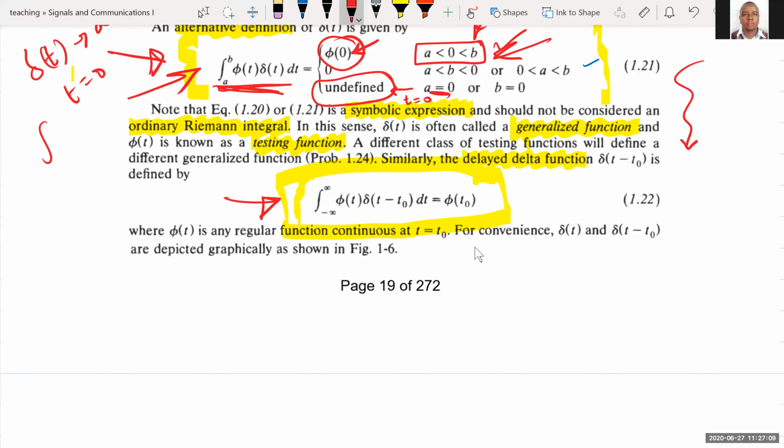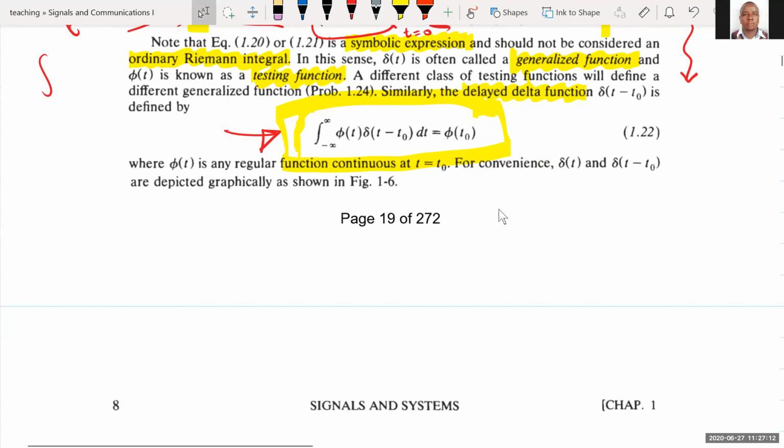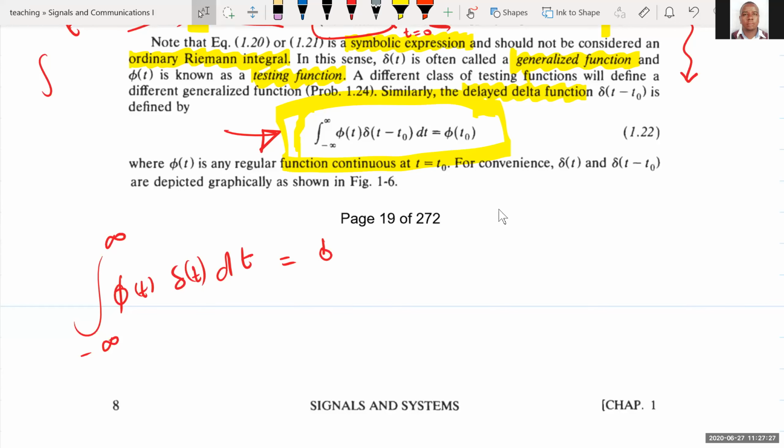There is something very significant that we should note from the expression I stated before: phi of t multiplied with delta of t, integrated with respect to time from minus infinity to infinity, we have said is equal to phi of 0. What I'm trying to do here is shift my delta function by time t naught, such that I introduce minus t naught here.